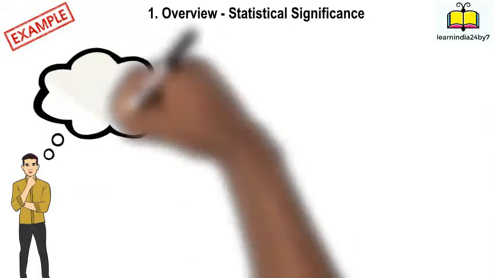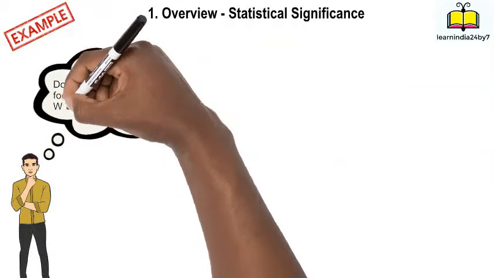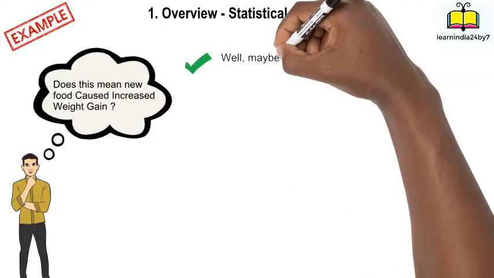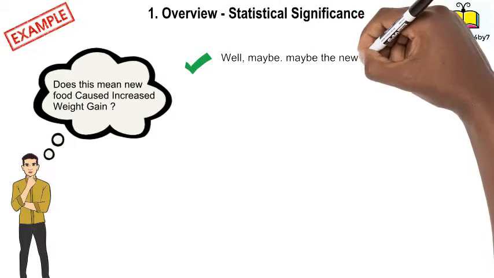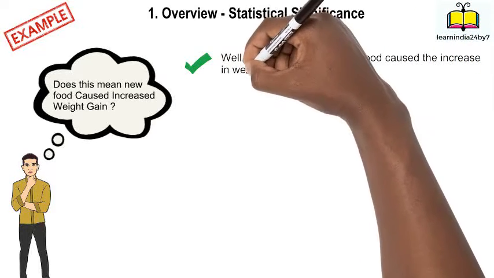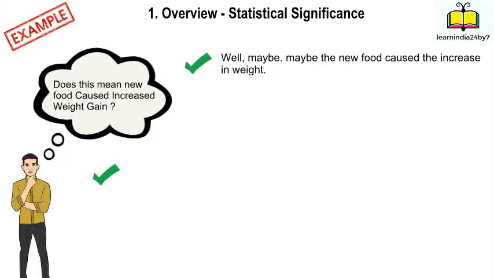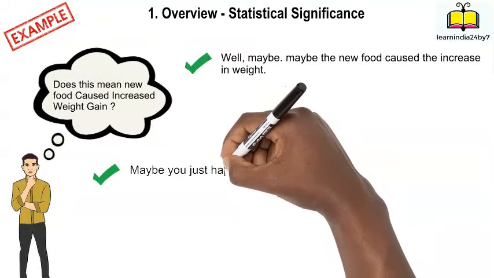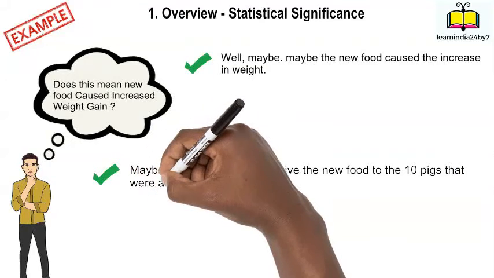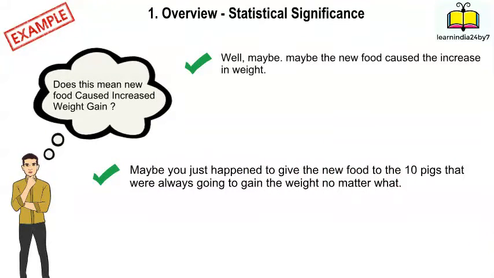Does this mean the new food caused the increase in weight? Well, maybe the new food has caused the increase in weight of the pigs. Or maybe you just happened to give the new food to the 10 pigs that were always going to gain the weight no matter what. How do you conclude this?